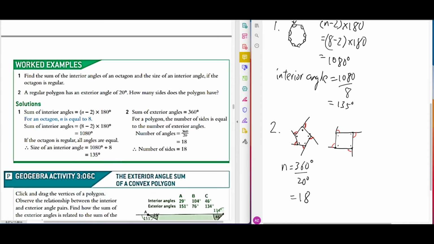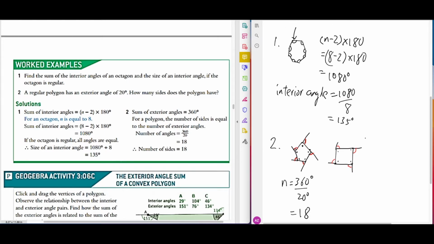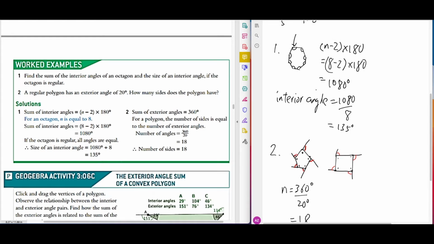Alright, let's go back to our first example. In our first example, we know that the interior angle of the octagon is 135 degrees, right? So what should the exterior angle be? If the interior angle is 135, the exterior angle should be this angle here, right?